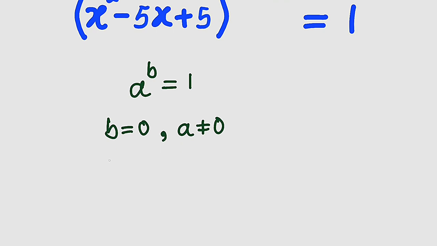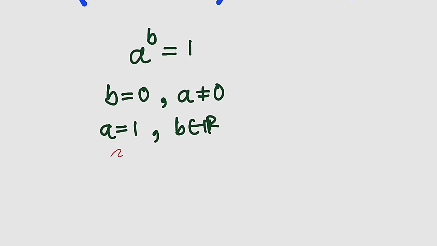The second condition is if the base is equal to 1, irrespective of what the exponent is. The exponent can be any real number. And also if the base, which is a, is equal to -1, but this time around the exponent has to be an even number. So these are the three conditions we are going to test.